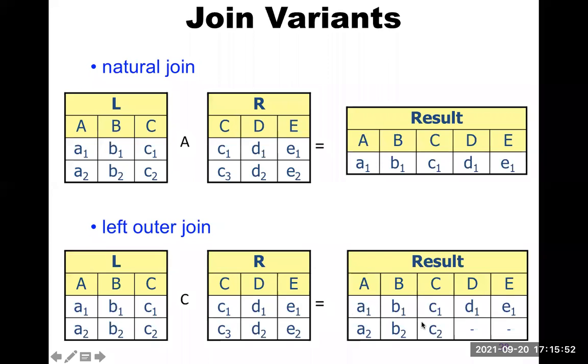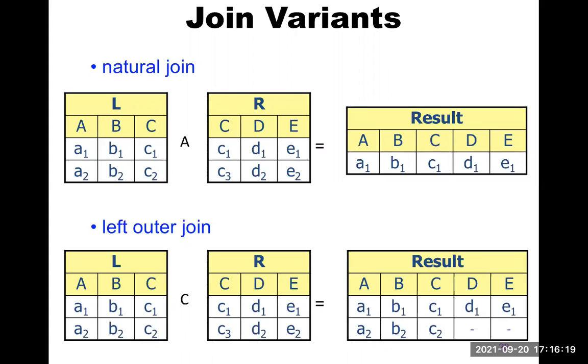In some cases, we'll find a corresponding record, like here. And in some cases, for C2, the second record, we can't find the corresponding record from the right side. Let it be. We'll just put nulls or empty values, somehow mark values, but the result will contain a record with values from the second record.